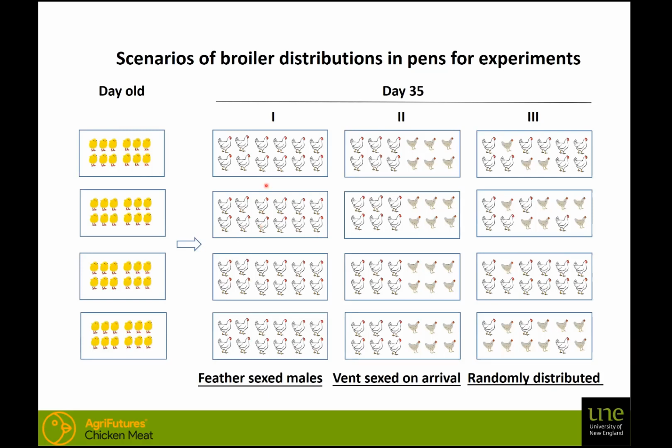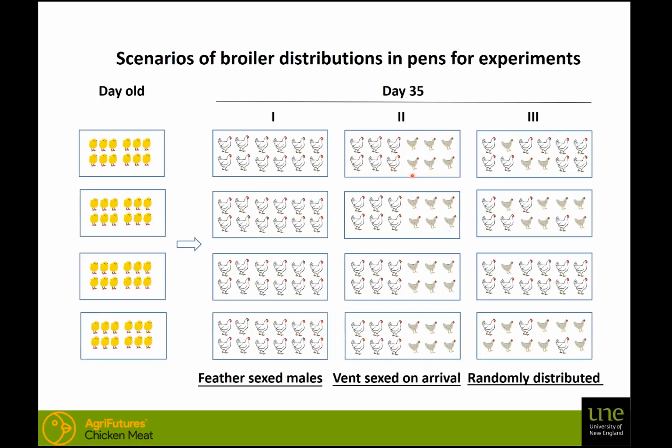And now you're using the parental lines from the hatchery, which is still sexable, but not for the broilers. And then you can vent sex the birds on their arrival at the facility, so you can allocate the birds equally into pens to make it even.